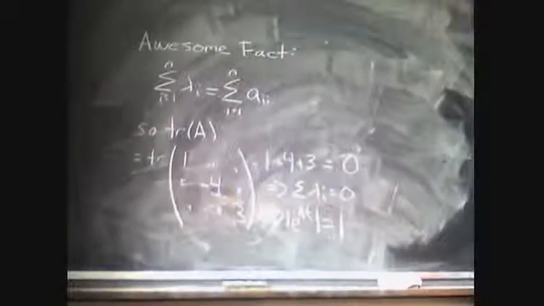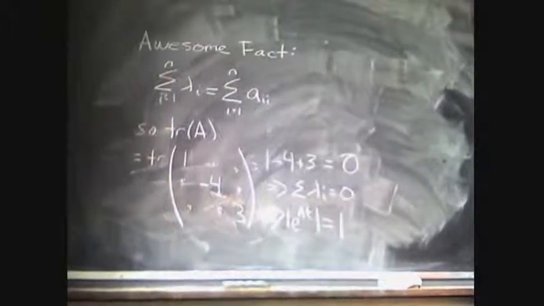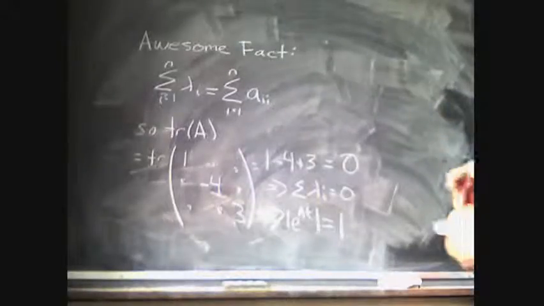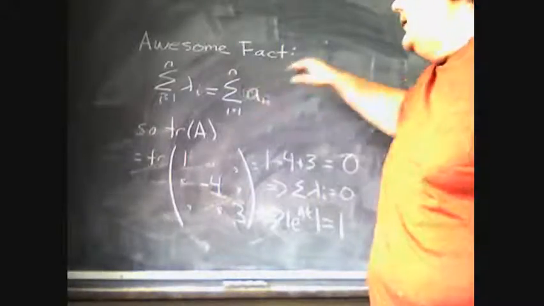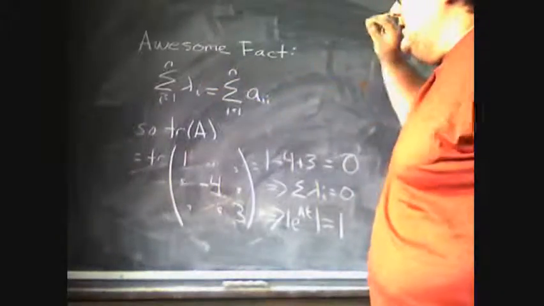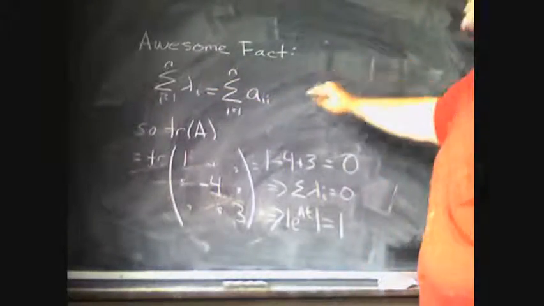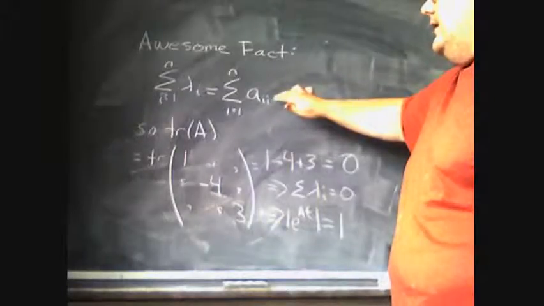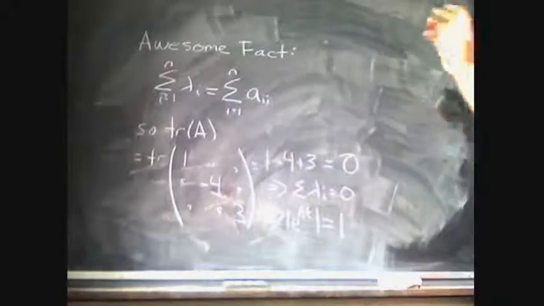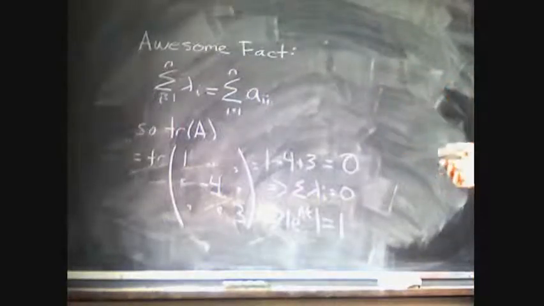For our last step, we're going to have to recall one awesome fact. For a given matrix A, the sum of its eigenvalues is exactly the same as the sum of its diagonal entries, also known as the trace of the matrix.